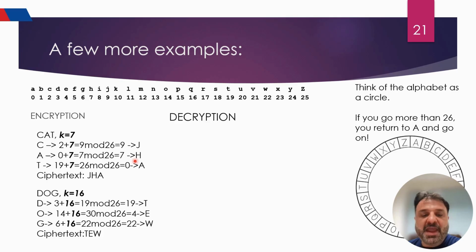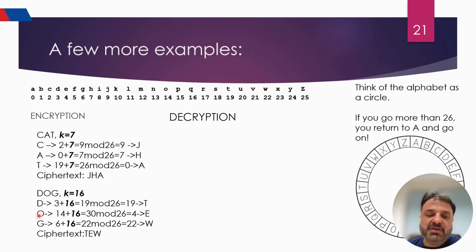So we have H for the A, and for T, you can see T is here, 1, 2, 3, 4, 5, 6, 7, and T is going to A. So cat is encrypted to JHA.